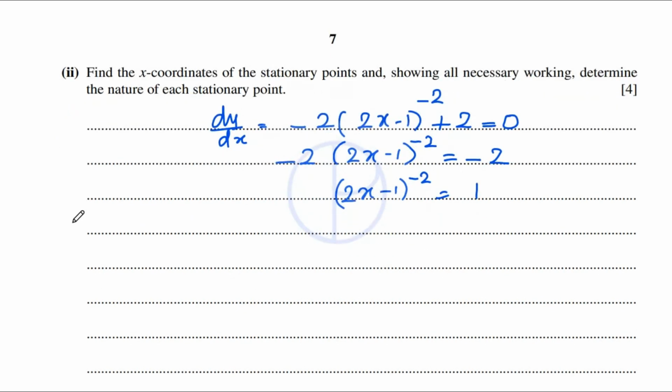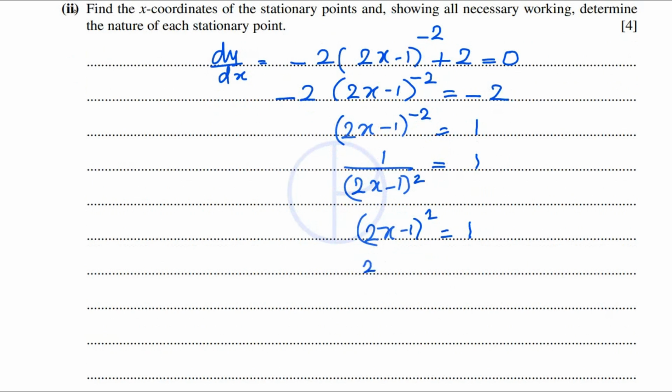And this can be written as 1 over (2x minus 1) squared equal to 1, or (2x minus 1) squared equal to 1. If you take the square root on both sides, you get 2x minus 1 equal to plus or minus 1. So 2x equal to 1 plus or minus 1.